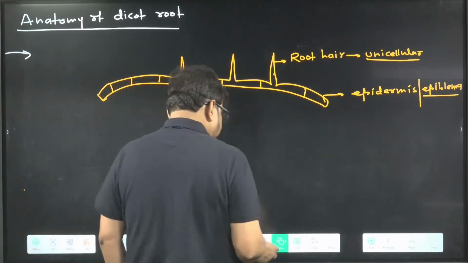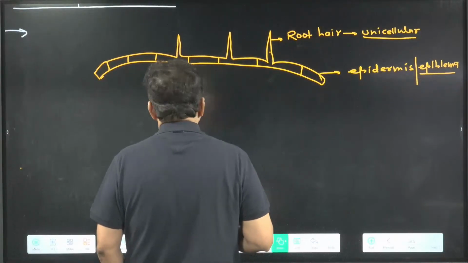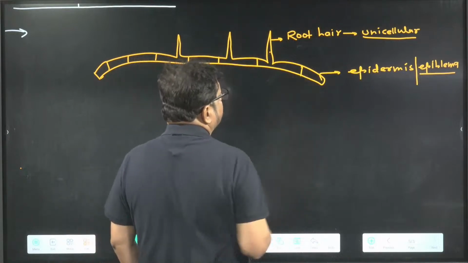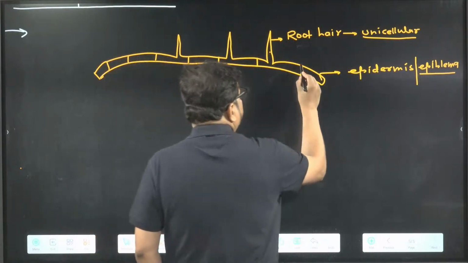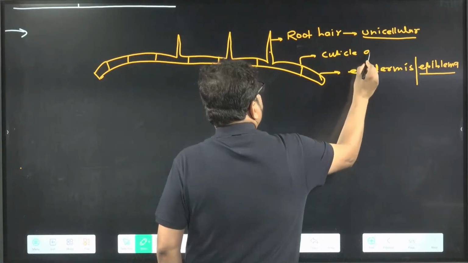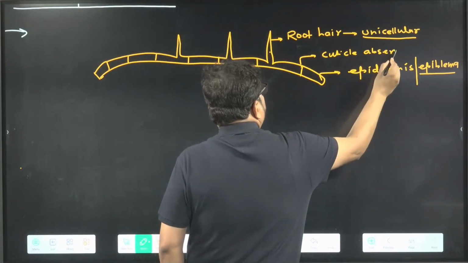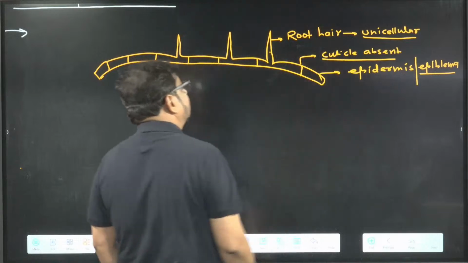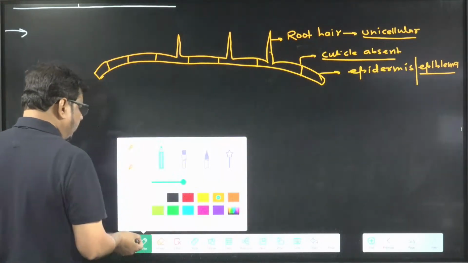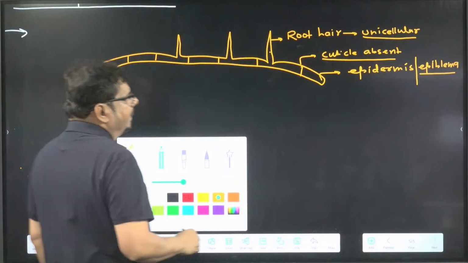Now, what is absent? Cuticle is not present outside the epiblema. Here, cuticle is absent because it is root. If cuticle were present, what would be affected? Water absorption would be affected. So this is the epidermis.